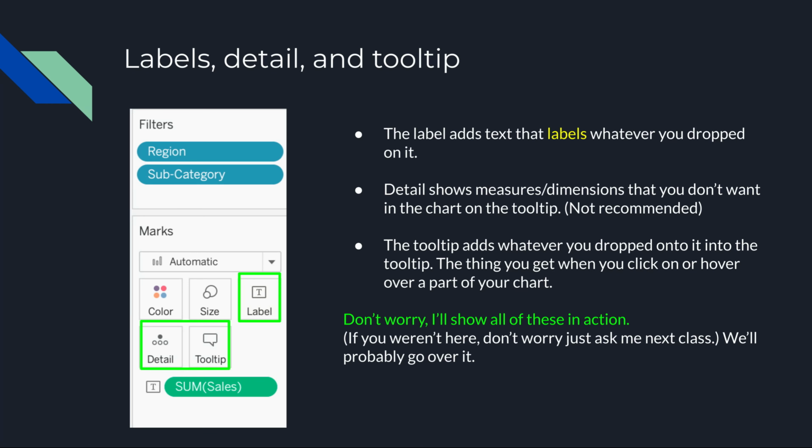Now, if we go on, you can see labels. I just showed you guys that. Detail, I don't really touch it. And tooltip is very cool. So tooltip is this little box that you get whenever you hover over a part of your chart. You'll see that this little box here is tooltip, and it shows up everywhere. But you can click on the tooltip option and you can directly edit what happens in there.